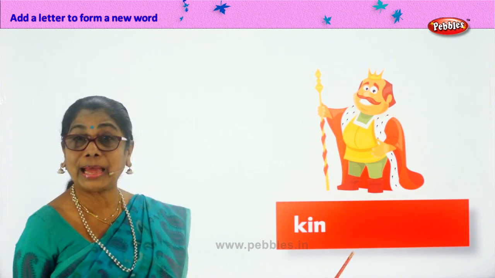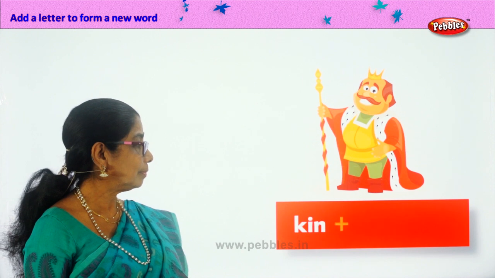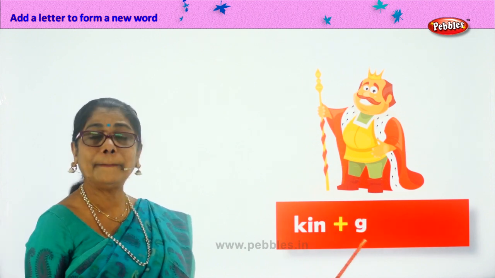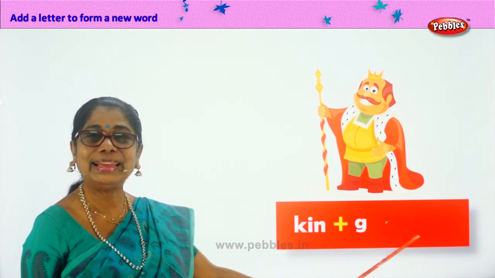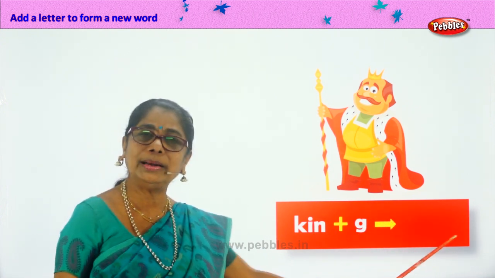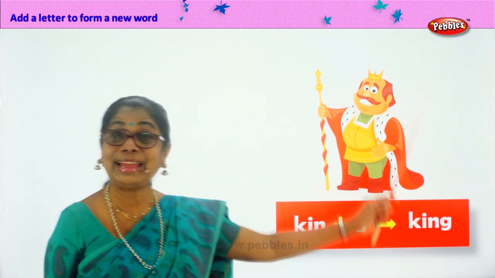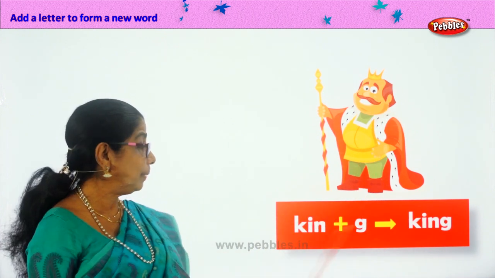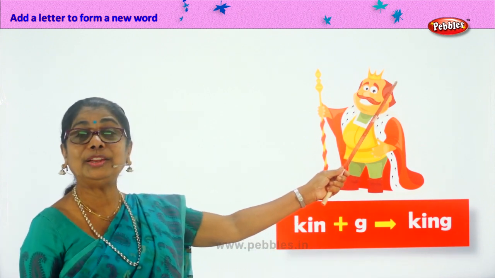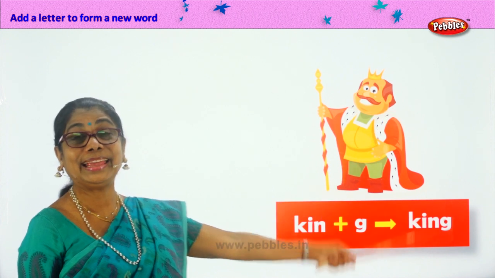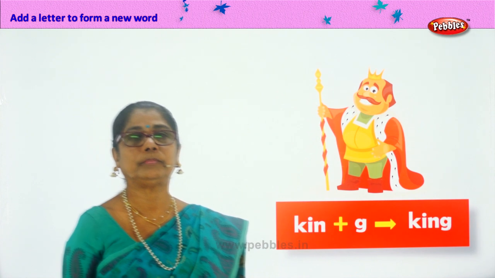Kin plus G. What is that? Equal to a new word. K-I-N-G. King. And that's what this is. Kin plus G gives you a completely new word, king. K-I-N-G, king. Good.